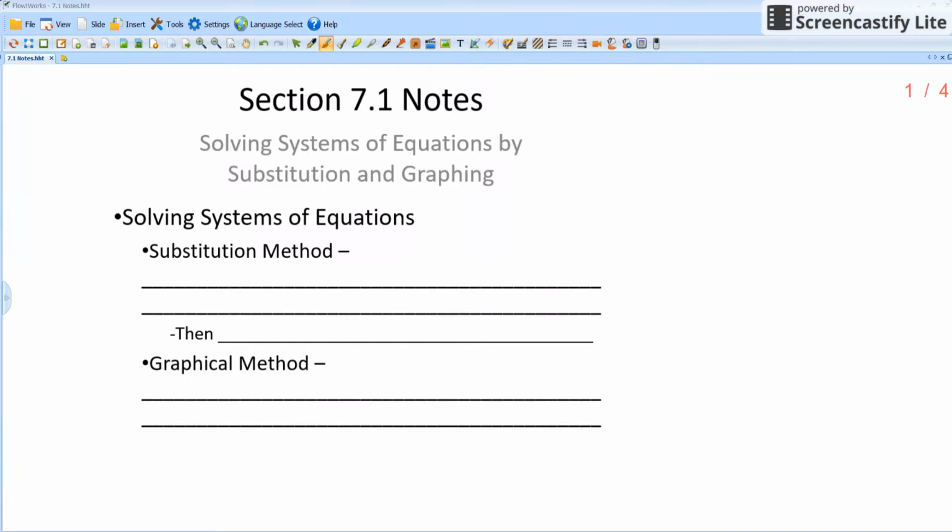When we're talking about the substitution method, what we are talking about is solving for one variable. So we're going to be isolating one of the variables in one of the equations. And then, as you would guess from the name, substituting the result into either equation.